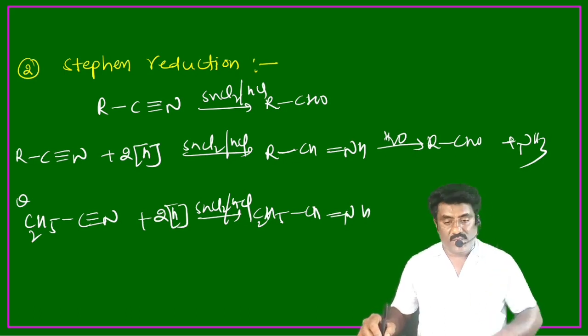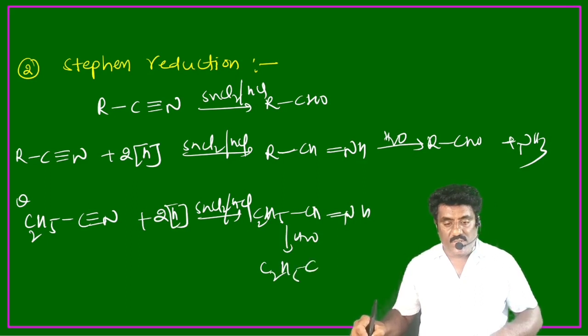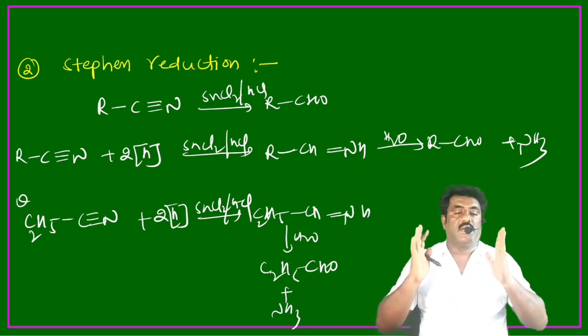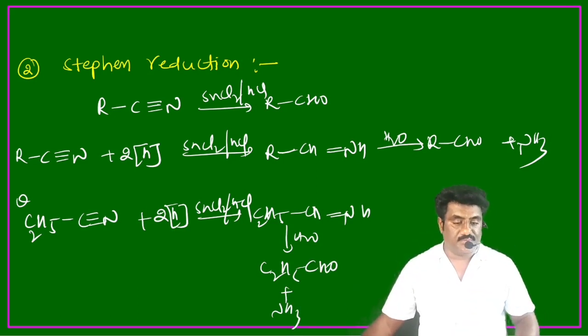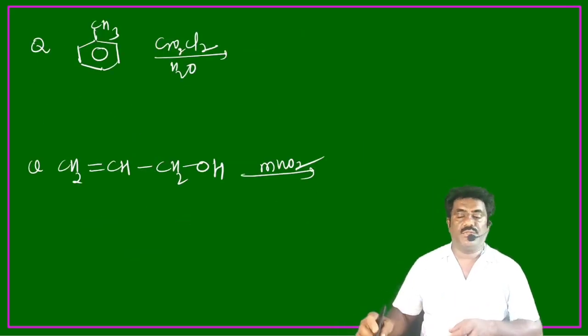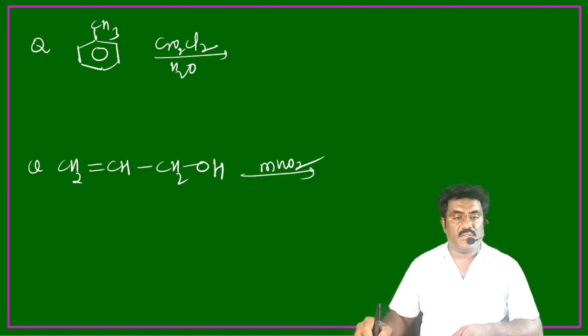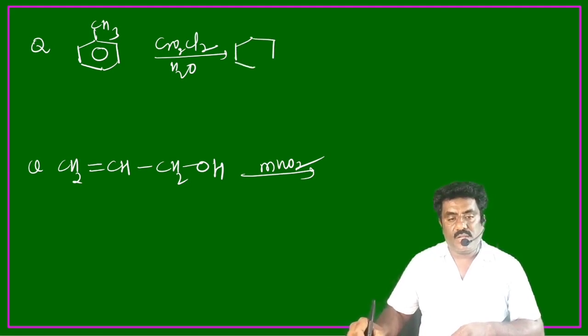On further hydrolysis it gives C2H5 CHO plus NH3. This is the Stephen reduction. Have a look at the question. Toluene in presence of chromyl chloride gives what? Benzaldehyde is given. It is the Etard reaction.